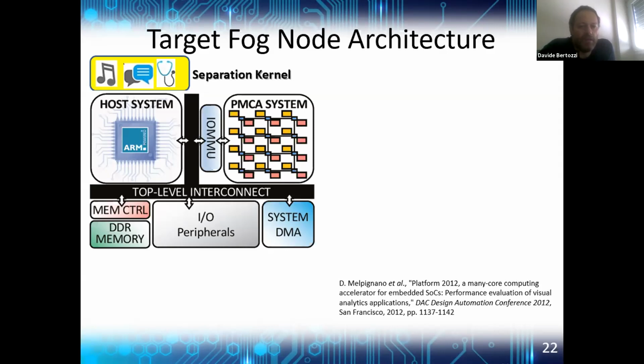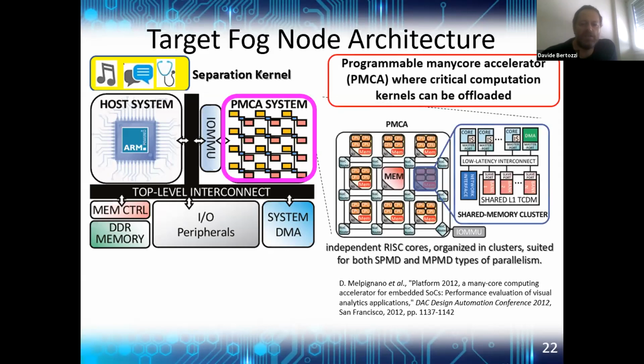At the same time, we may have different kinds of accelerators. In addition to the other accelerators that you might have, for instance GPUs or hardwired accelerators for machine learning, I will consider a programmable many core accelerator. That is an accelerator that is suitable for both single program, multiple data parallelism, as well as for multiple program, multiple data parallelism.